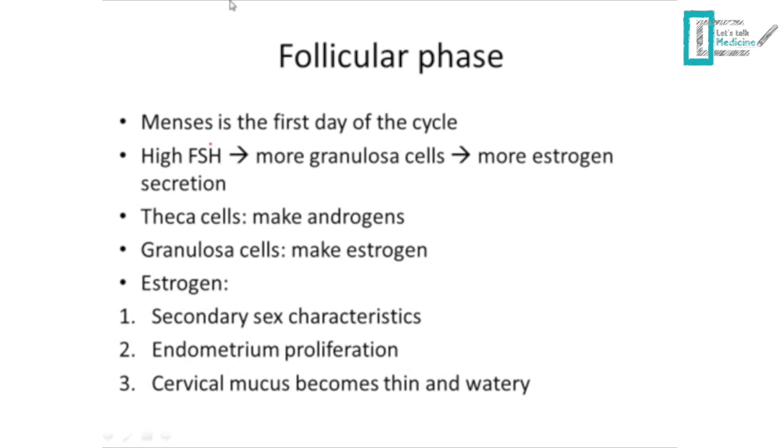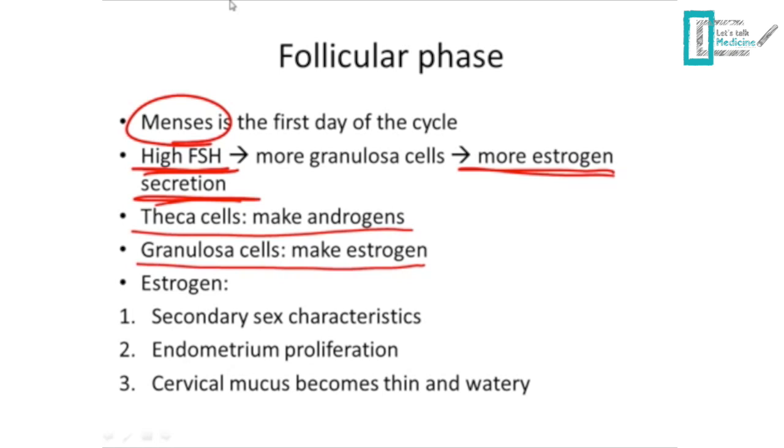So follicular phase. We said menses is the first day of the cycle. We said we had high FSH. Okay, high FSH will give us more estrogen secretion. That's when the follicles give us estrogen. Theca cells make androgens. Granulosa cells make estrogen using which enzyme? Aromatase. Very important to know this enzyme. Okay.